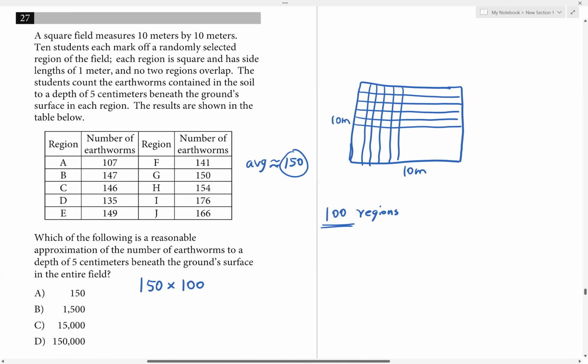So we do 150 times 100. That should give us the total number of earthworms in the entire field. 150 times 100 is 15,000. That should be our final answer, which is C for number 27.